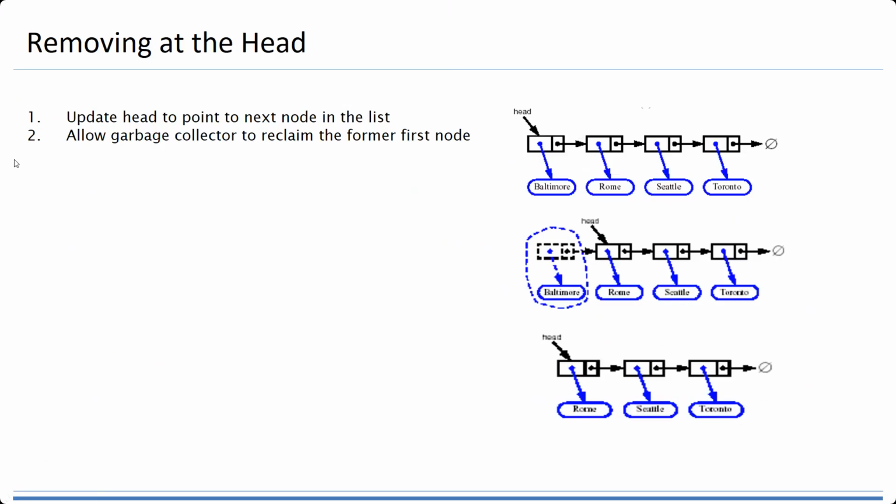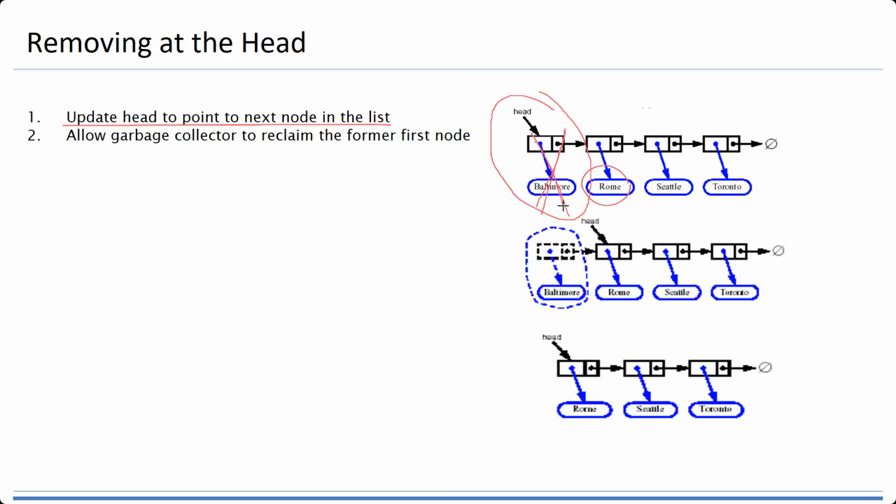So here we have the head, and I want to update the head to point to the next node in the list. So let's say I'm going to remove Baltimore. I do not want to go to Baltimore. Instead of going to Baltimore first, I'm going to Rome first. In this case, it is easy.